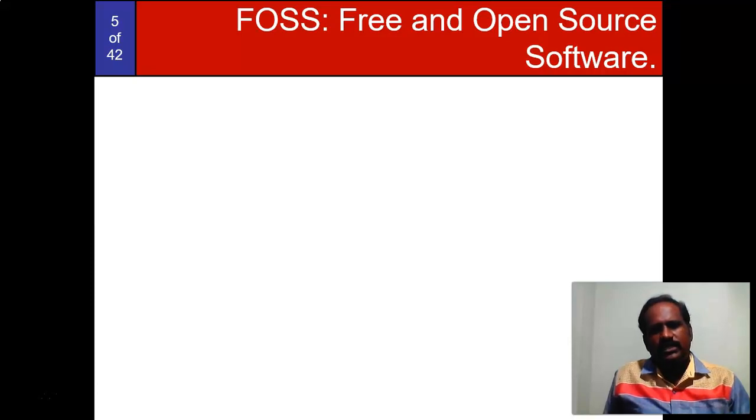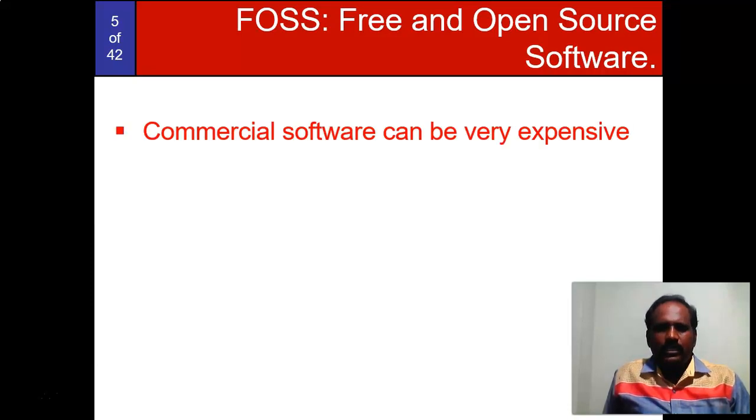FOSS. What is FOSS? Free and open source software. As you know, commercial software is very expensive. Example, MATLAB. A single user license for MATLAB is 1.35 lakhs to 1.45 lakhs.